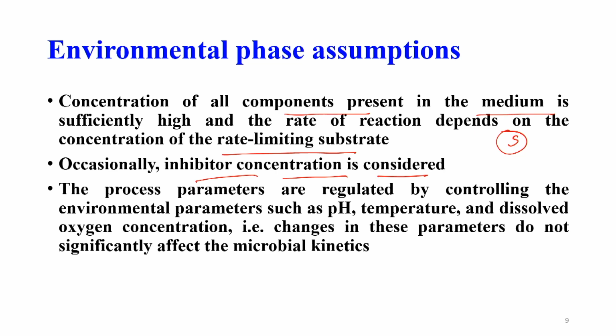Third, as we have seen, growth is regulated by environmental parameters like pH, temperature and dissolved oxygen. So we consider these parameters to be regulated and controlled. What does it mean? Changes in these parameters do not significantly affect the microbial kinetics. So we are assuming there is no significant change in the environmental parameters.